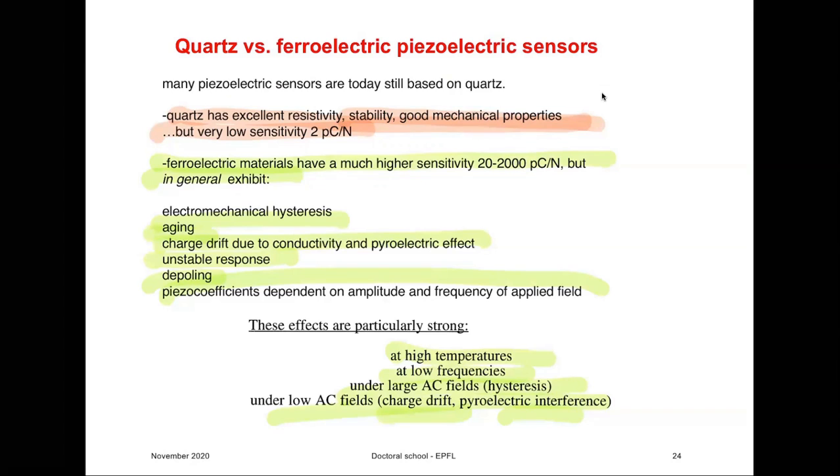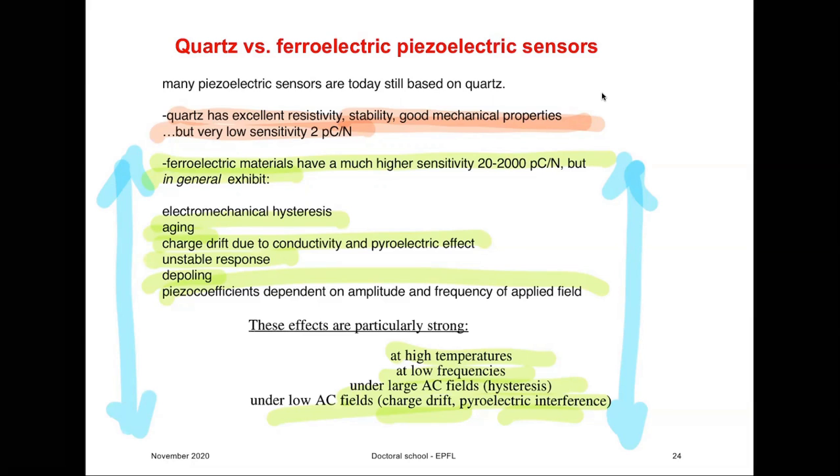I'm not saying for the moment that ferroelectric sensors are not good. They are excellent, and they are used probably more than quartz for sensors. I'm just saying that you should have this in mind, and then use quartz for some applications and ferroelectrics for other applications. You should be aware of these possible issues.